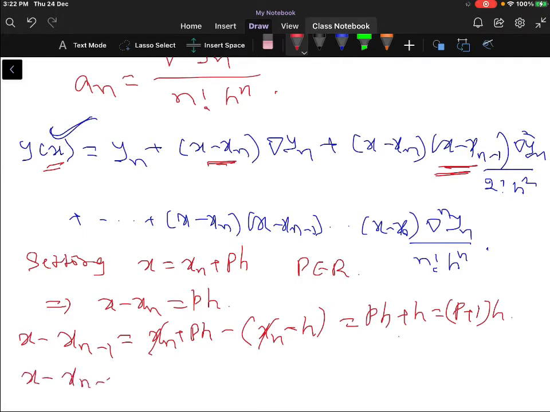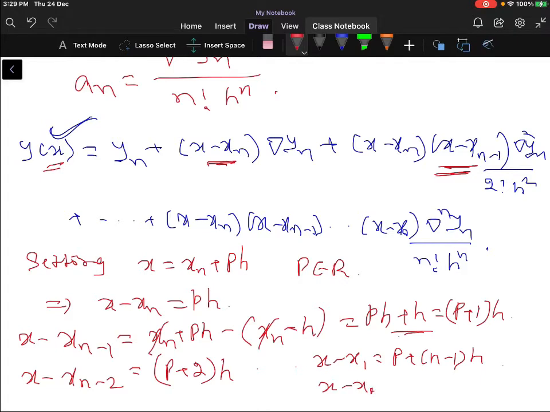So this can be written as p plus 1 into h. Similarly, we can write x minus x_{n-2}, on the basis of the previous result, as p plus 2 into h. And x minus x1 is p plus n minus 1 into h.